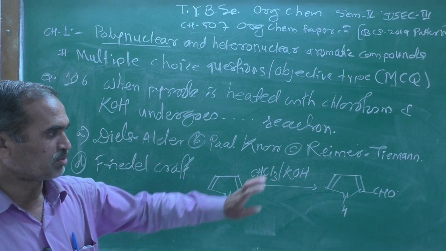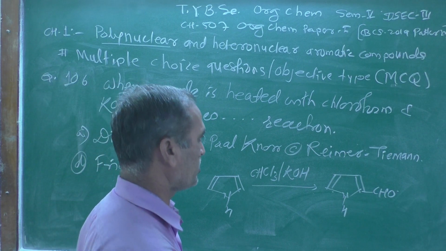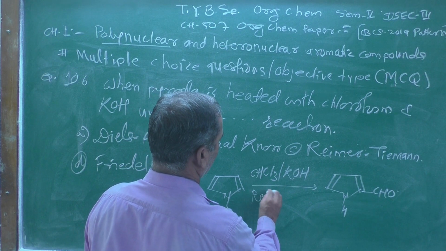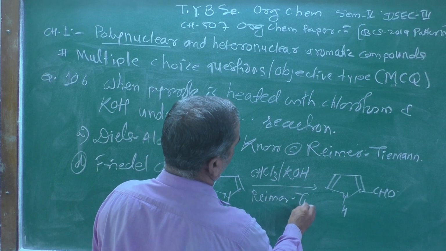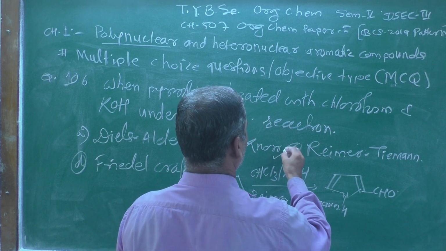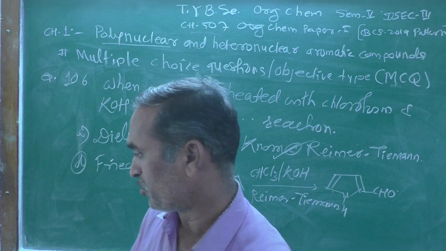The formyl group is introduced at 2 position. This is one of the famous reactions. Which one is this reaction? This is nothing but the Riemer-Tiemann reaction, and therefore C would be the right answer over here.